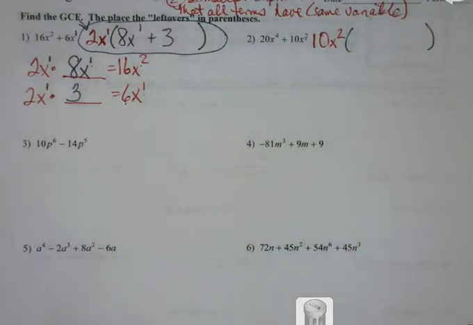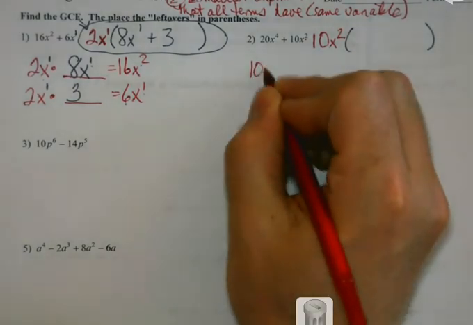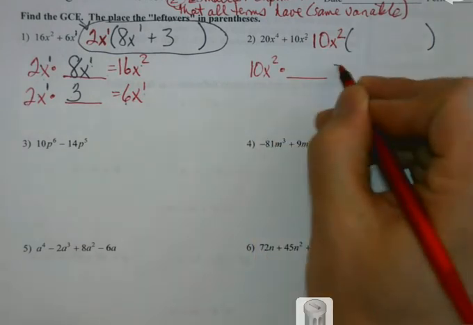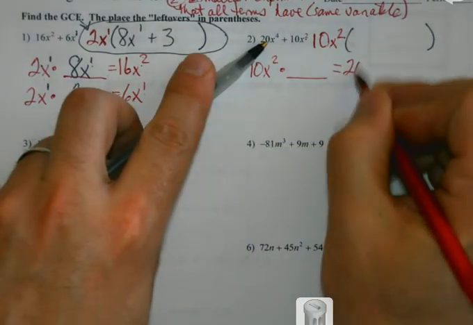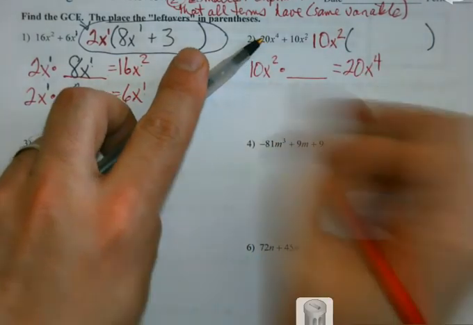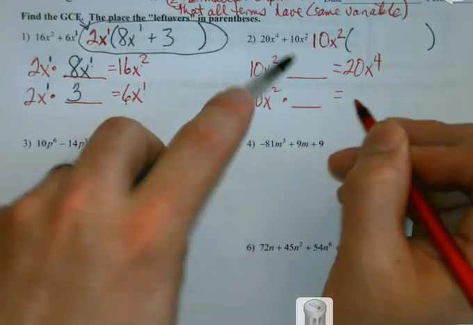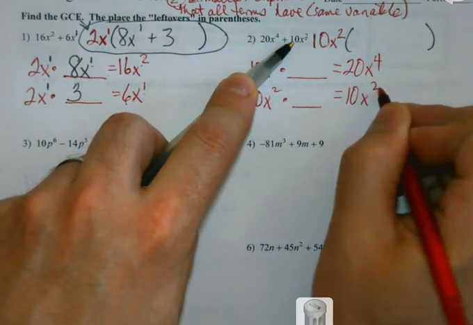And again, all I'm doing here, and we'll do this one more time, is saying whatever I pulled out for my greatest common factor, that times something will get me my first term, and that greatest common factor times something will get me my second term.